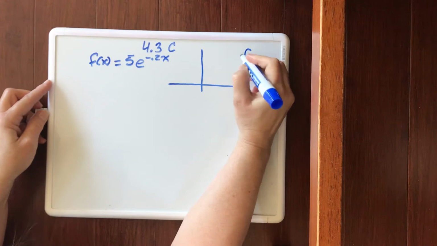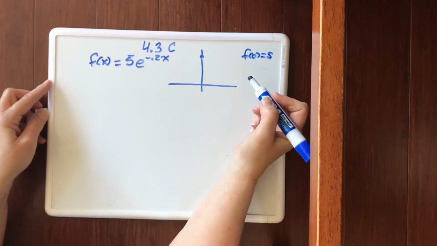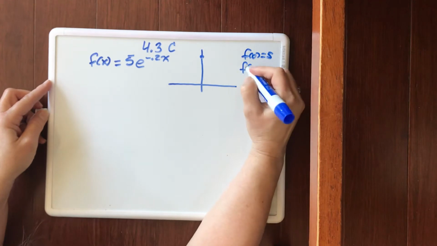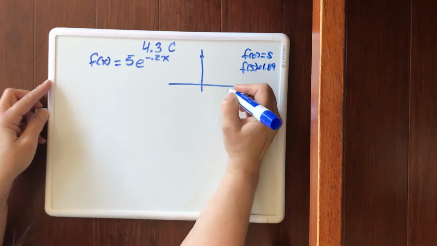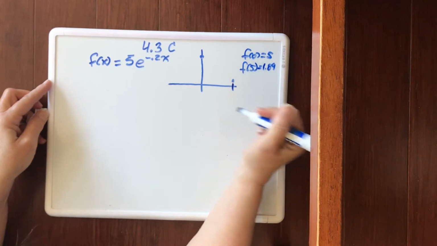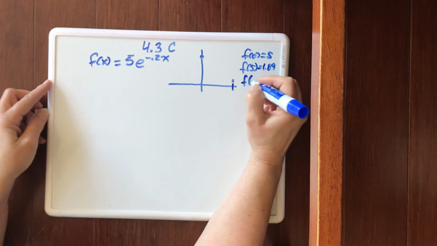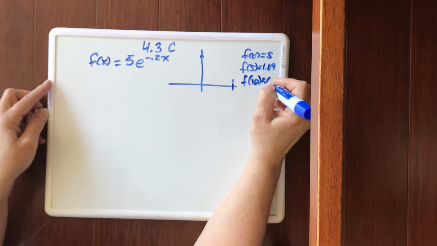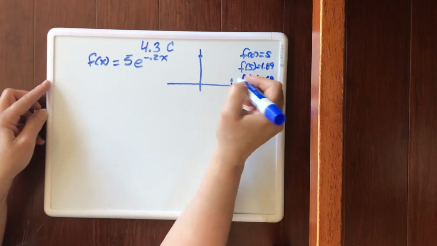Okay, f of 0 is 5. So let's put that as 5. F of 5 is 1.89. So this is going to go right about there. Okay, and then f of 10 is going to be 0.68, which will be way over there.